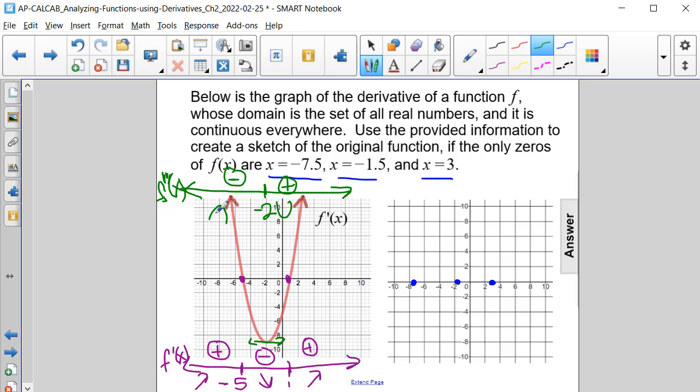So now let's actually use these two sign charts and our zeros to graph our function. We know that from negative infinity to negative 5, we continue to increase. Because negative 5 is in between here, we have to also cross the x-axis.